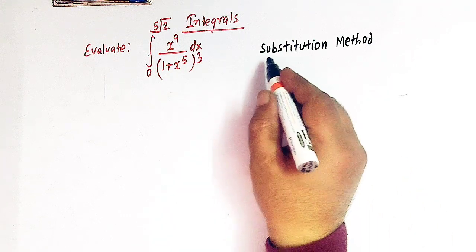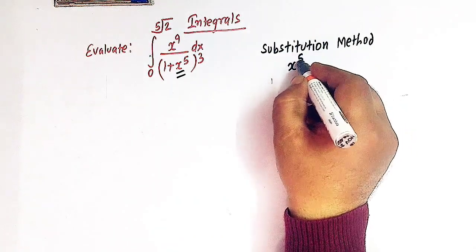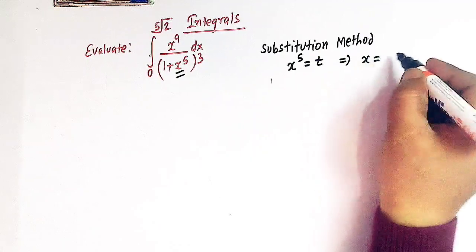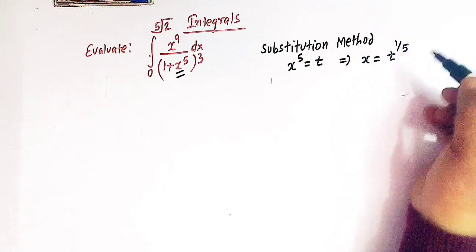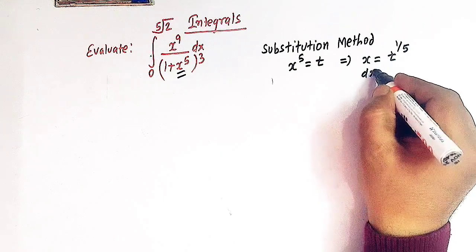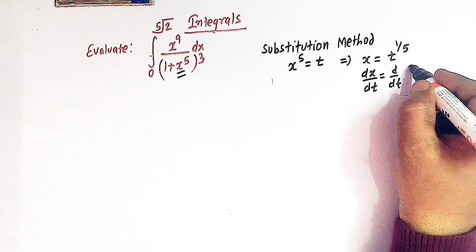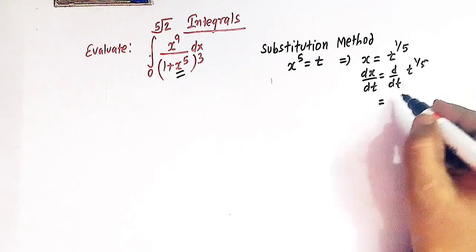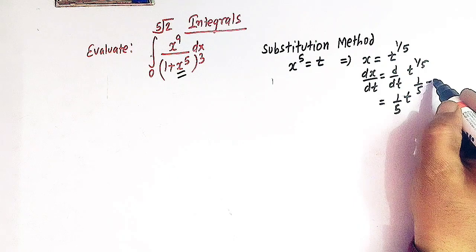So here we'll make use of the method of substitution and we'll take x raised to 5 is equal to t such that we can write x is equal to the fifth root of t, that is t raised to 1 by 5. Right, now let us differentiate x with respect to t. So we have dx over dt is equal to the derivative of t raised to 1 by 5, and using the power rule for differentiation we have 1 over 5 t raised to 1 over 5 minus 1.